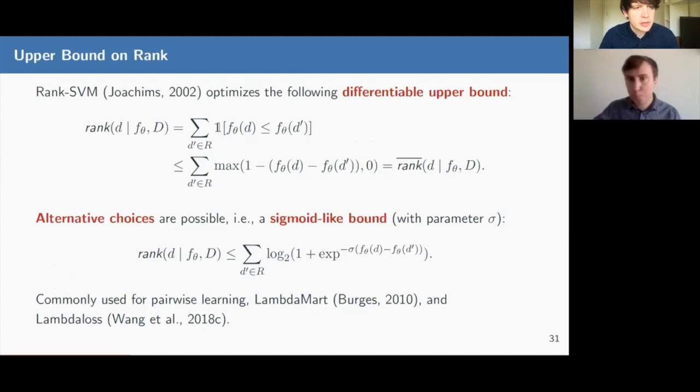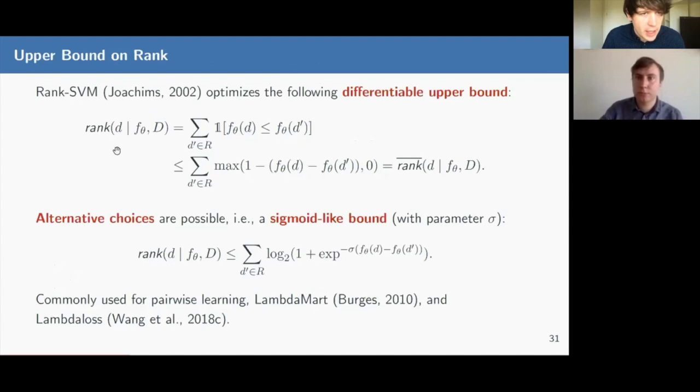The first one, which comes from, I think, the first counterfactual learning to rank paper, is based on the idea of upper bounding the rank function. In rank SVM, which is this very old pairwise method from 2002, Torsten Joachims already showed that we can have a differentiable upper bound on the ranking function.